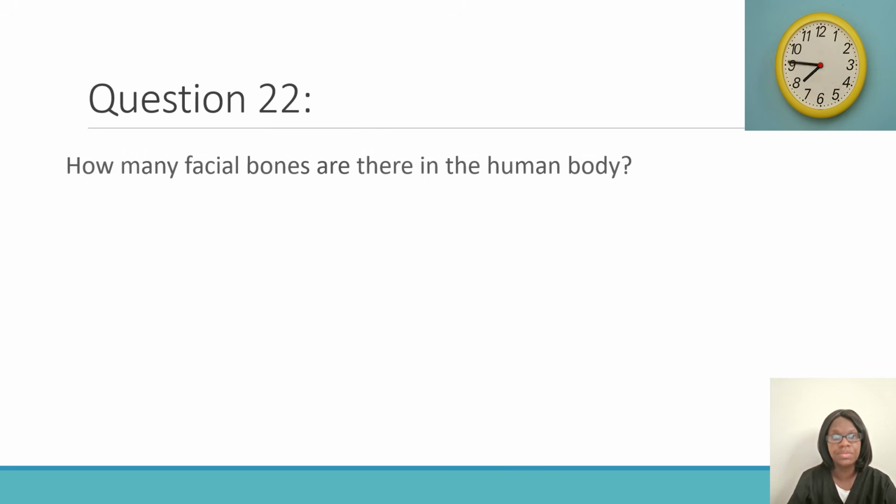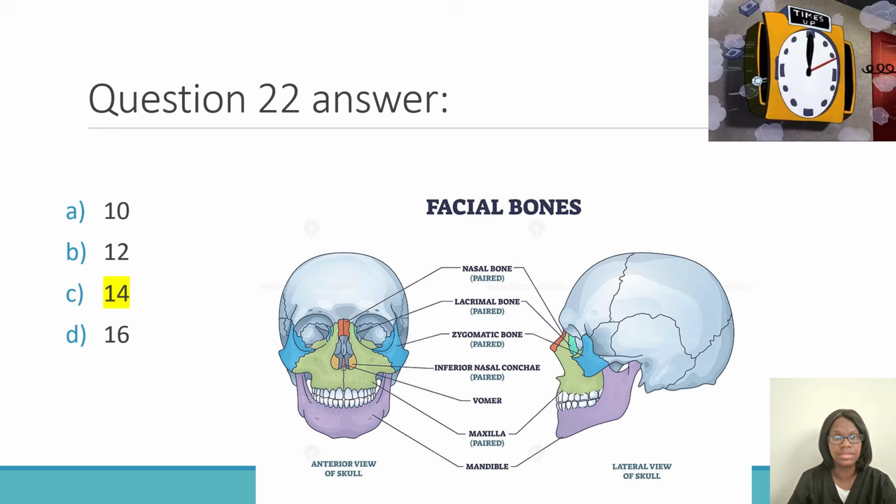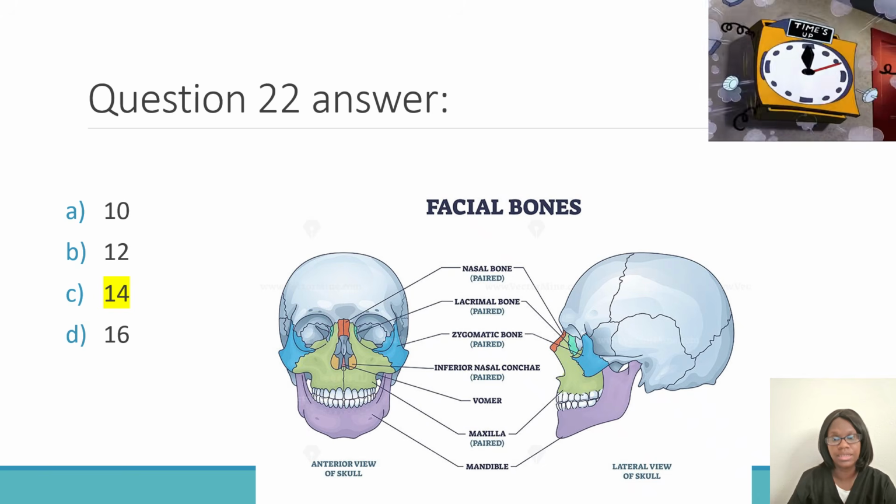Question 22. How many facial bones are there in the human body? A, 10, B, 12, C, 14, or D, 16? Okay, the correct answer is C, 14.